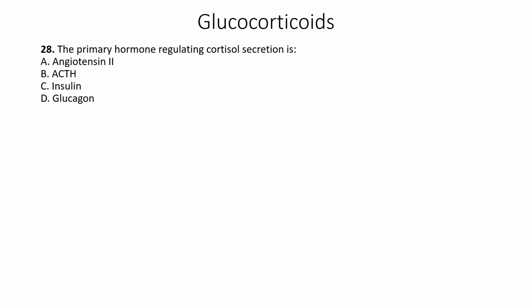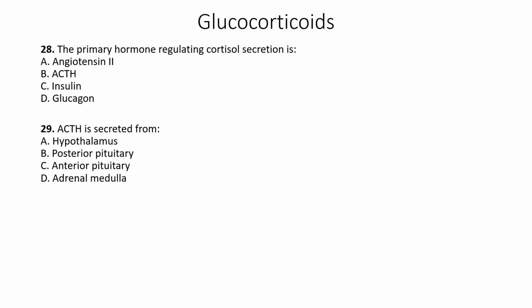That circuit is called the HPA axis, which we discussed in the last class, I believe. Great. All right, let's do another question. ACTH is secreted primarily from where? I think I gave away this one, but let me know if you remember.